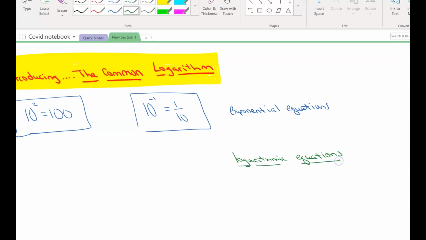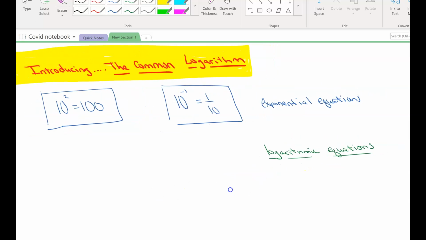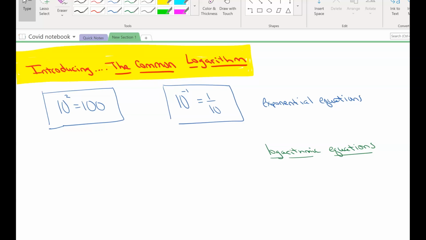What in the world is a logarithmic equation? Well, here we go. 10 squared equals 100 is saying the exact same statement of truth as this: log base 10 of 100 equals 2.